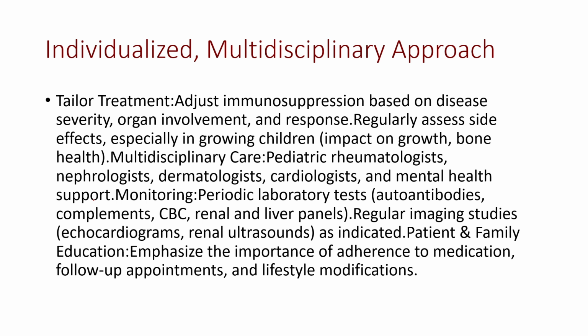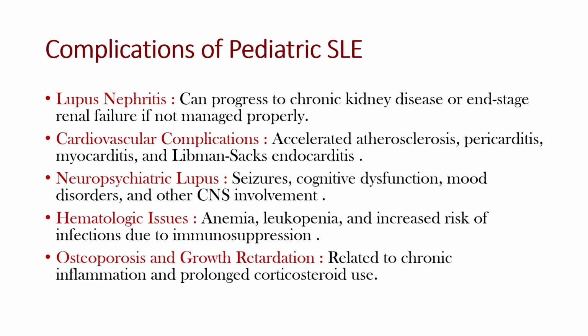As a small recap, this is a multi-systemic disease, so we need a multidisciplinary approach. We will take guidance from specialists in different disciplines so we can get a better prognosis.